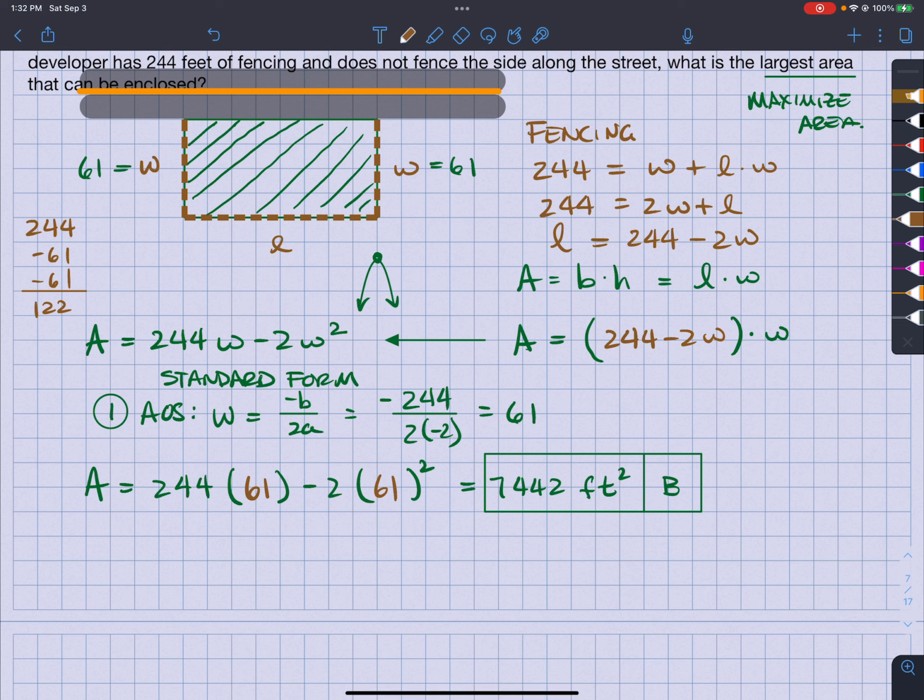That means my length would be 122. Now, to find the area, I can do length times width. So I could do 61 times 122, which gives me 7,442 square feet, which again is still choice B.